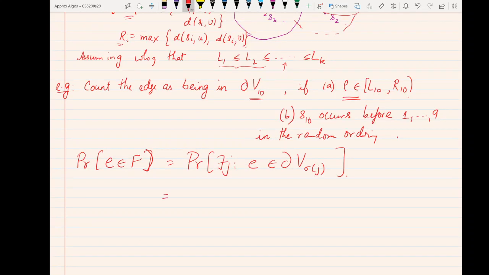Now this is a union bound. I'll go from i equal to 1 to k, or rather, I can use i instead of j over here. And say that this is the probability that, well, I'm just going to combine the two events denoted by A and B that occurs before. So rho is greater than or equal to L.